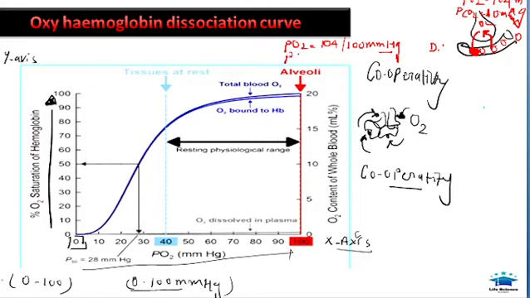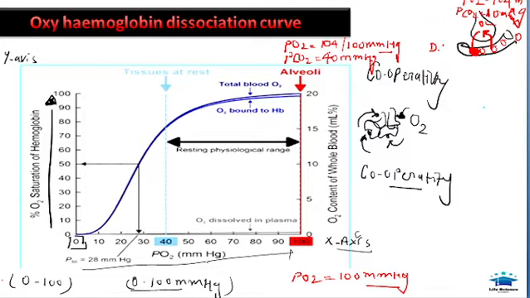And the pressure of carbon dioxide is 40 mmHg. At this time the hemoglobin is fully saturated with the oxygen molecule. We are talking about the pressure of oxygen at 100 mmHg, which is the value for the alveoli.